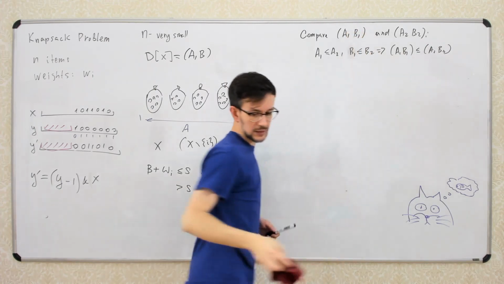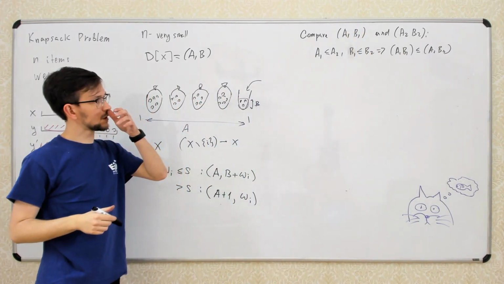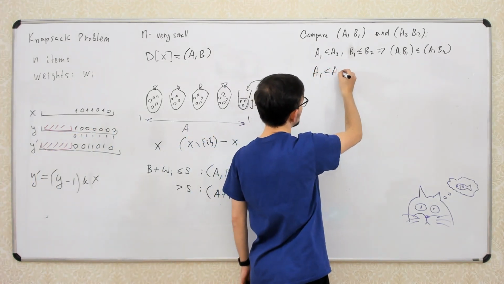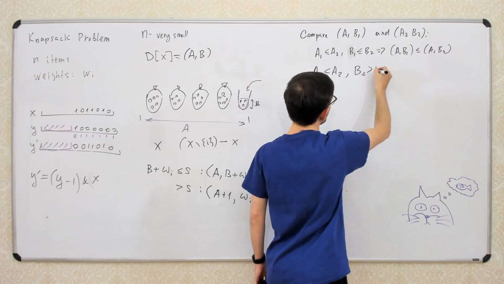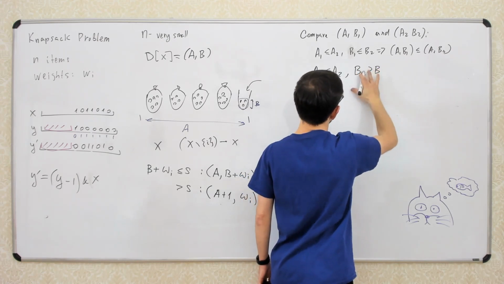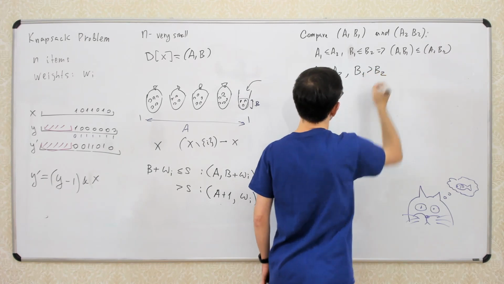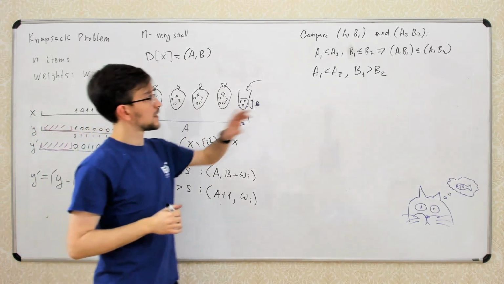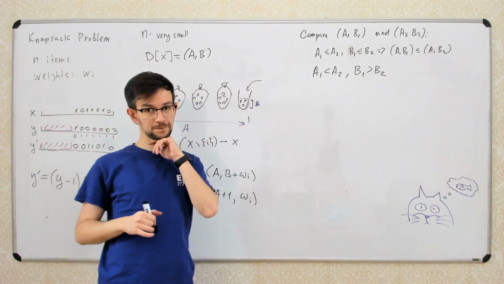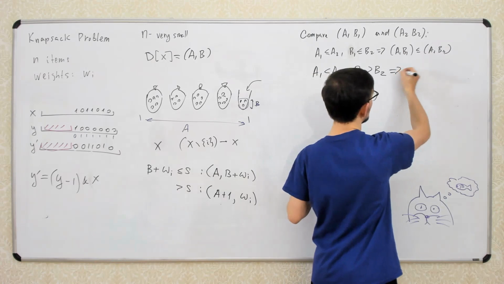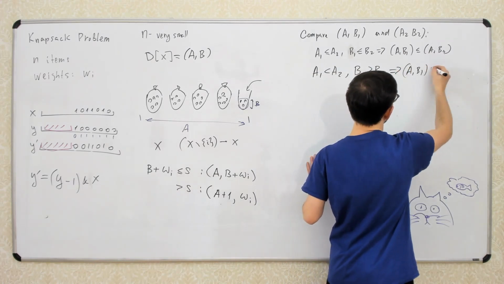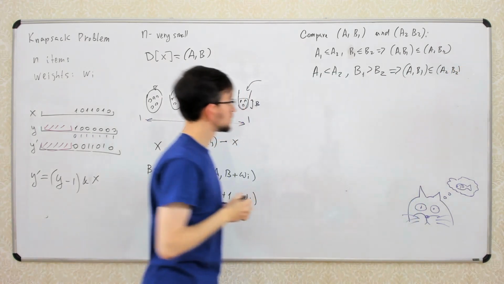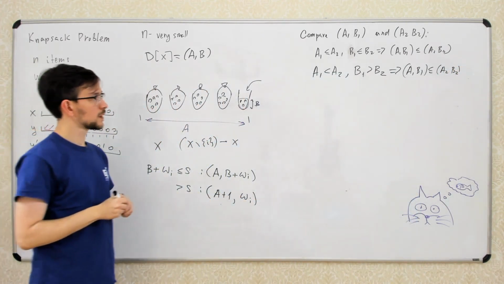What if this doesn't hold? It means that, for example, one is less than this, but another is greater than this. Which situation is better? It turns out that this situation is always better. Why is this true? Simply because of the following.